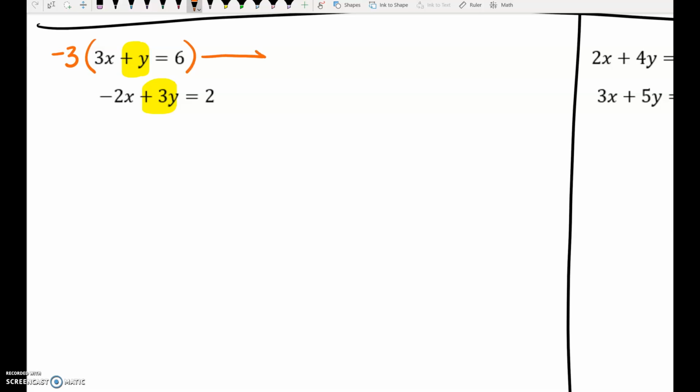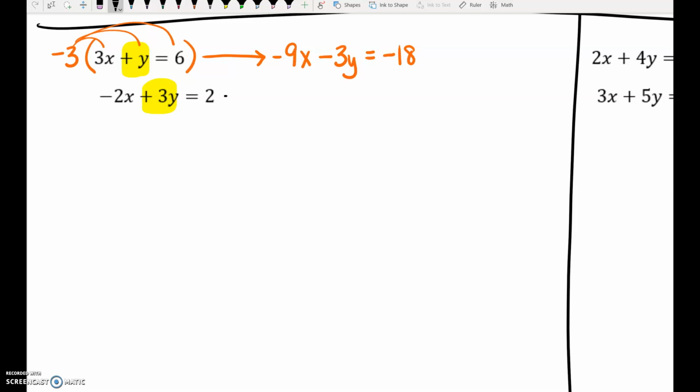So if we multiply the top by negative 3, you have to multiply everything in the equation by negative 3. So negative 3 times 3x is negative 9x. Negative 3 times y is negative 3y. Negative 3 times 6 is negative 18. The most common mistake is that people forget to multiply that negative 3 to that number after the equal sign.